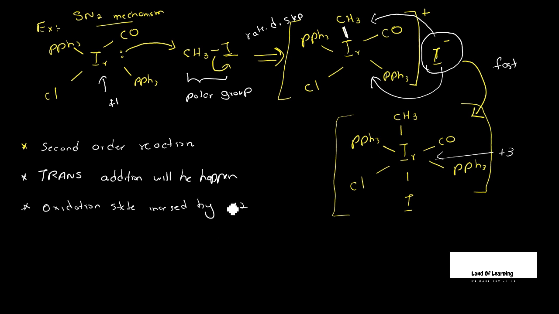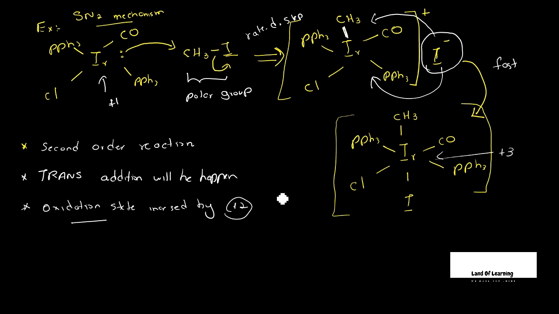That is a very important thing, right? It's important not just for the mechanism, but for the whole oxidative addition. If you see an oxidative addition, always remember your oxidation state will be increased by 2, and also your coordination number. Here at first the coordination number is 4, but now you have 6. Coordination number and oxidation state both will be increased by 2.